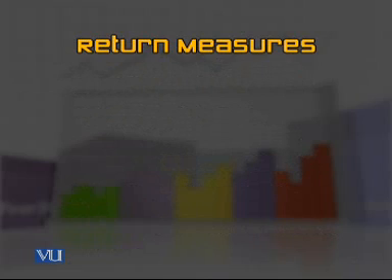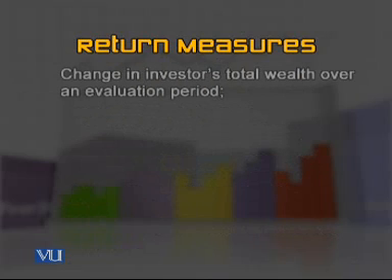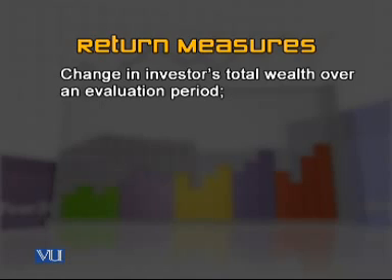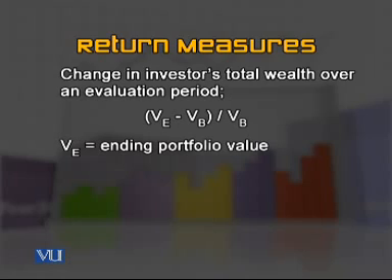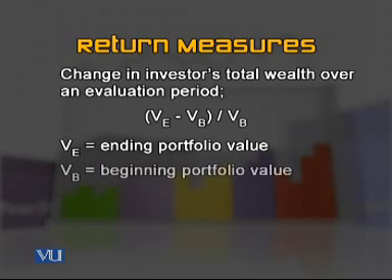There are return measures that we have to look at. There has to be a change in investors' total wealth positively over an evaluation period. Obviously, when somebody is invested in a portfolio, he is expecting a positive change in his wealth. We have to look at the ending portfolio value and the beginning portfolio value.